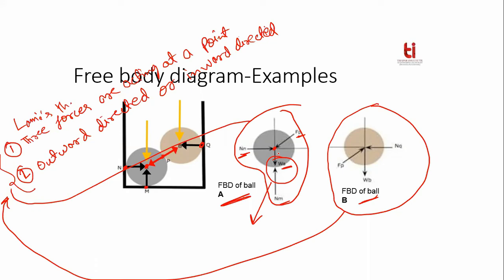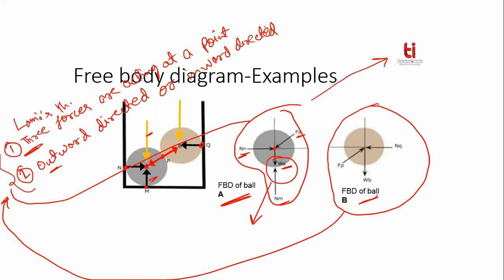It's not meeting at the same point where the other two forces are meeting. So we can't apply it. Which two forces? This force and this force. Like the diagram where it's written FBD at ball A. So we can't apply the theorem because the first condition is not satisfied, or the second condition is not satisfied? The first condition is not satisfied. Like at the point A.